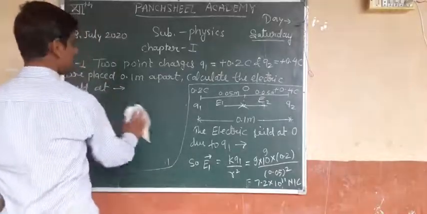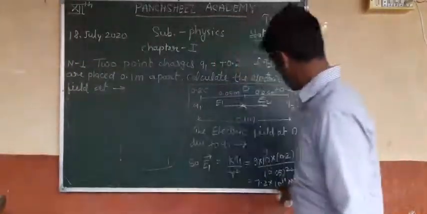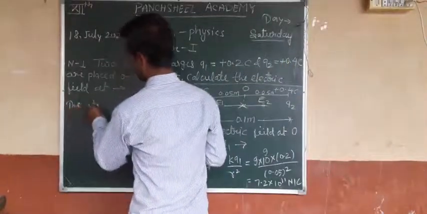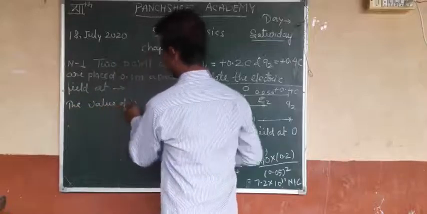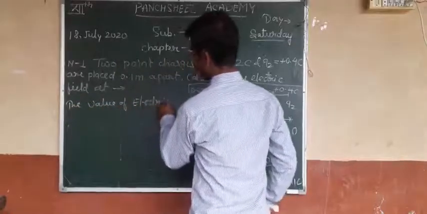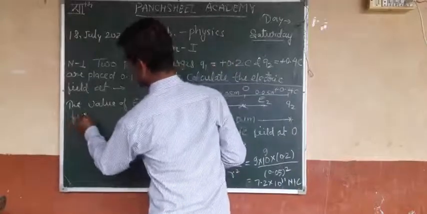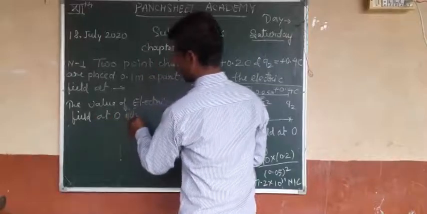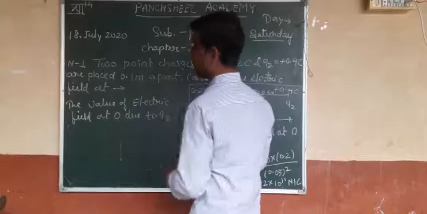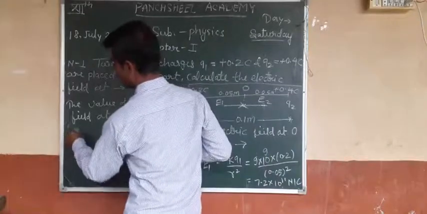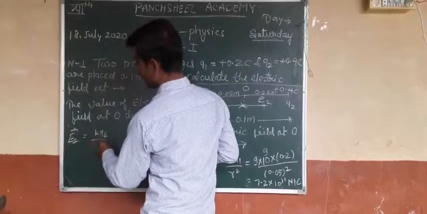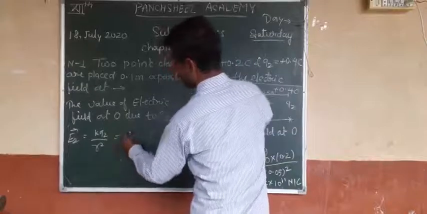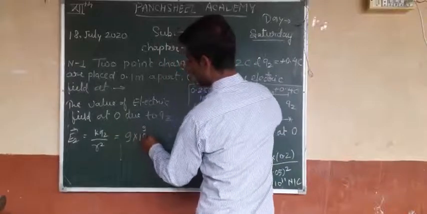Now the value of electric field at O due to Q2. So what is the value of electric field E2? That is K Q2 by R square. Okay. And what is the value of K? 9 into 10 to the power 9 into, what is the value of Q2?